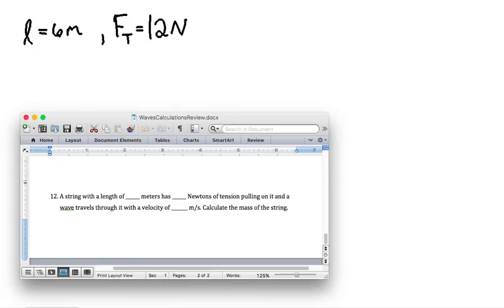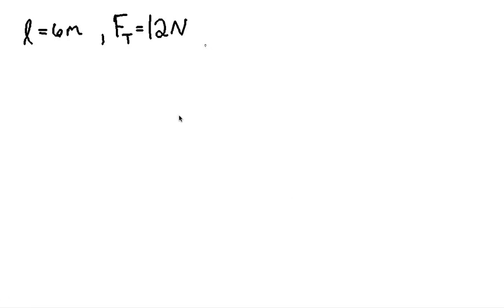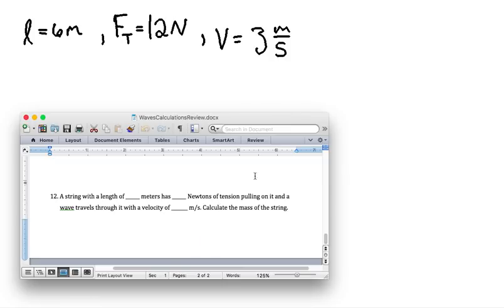So the force of tension acting on this string is going to be equal to, let's say, 12 newtons. And the wave travels through the string with the velocity of, let's go ahead and say 3 meters per second. Calculate the mass of the string.